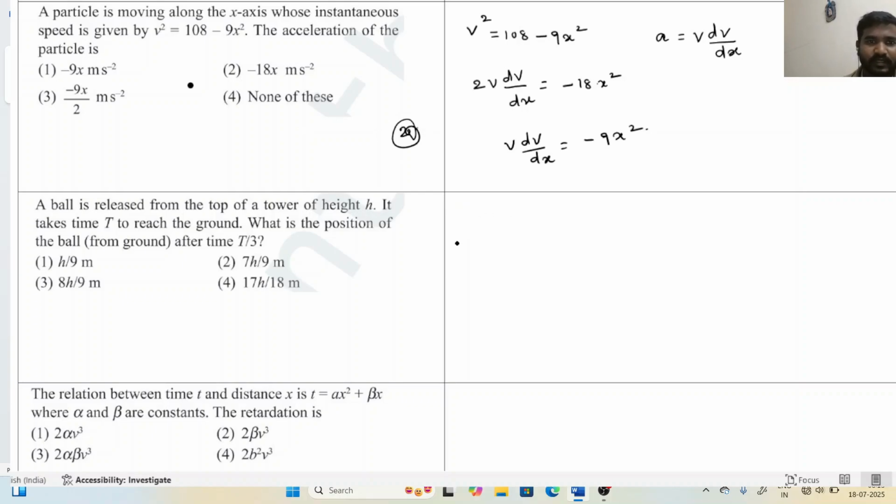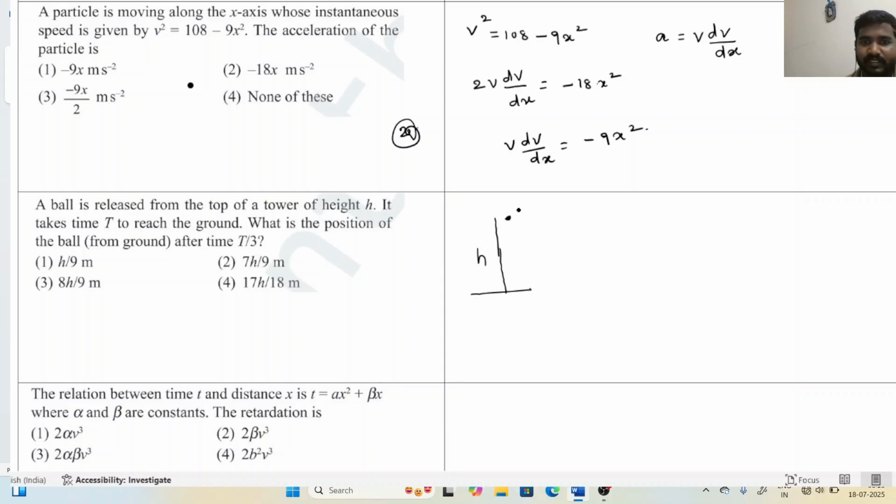Next question: a ball is released from the top of a tower of height h. It takes time capital T to reach the ground. What is the position of the ball after time t equal to T by 3? Let us take the ground here and the tower of height h.